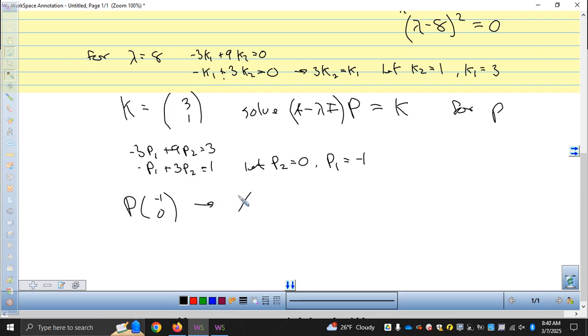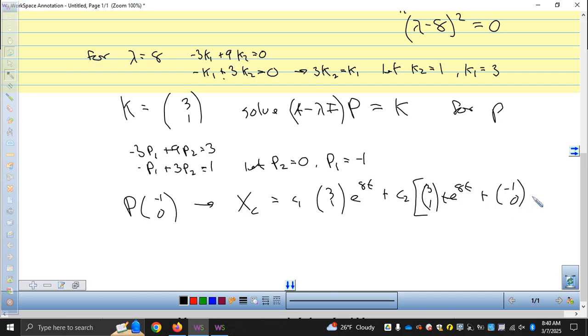So x sub c, our complementary solution, is c1 times 3, 1 e to the 8t plus c2 times 3, 1 t e to the 8t plus negative 1, 0 e to the 8t.